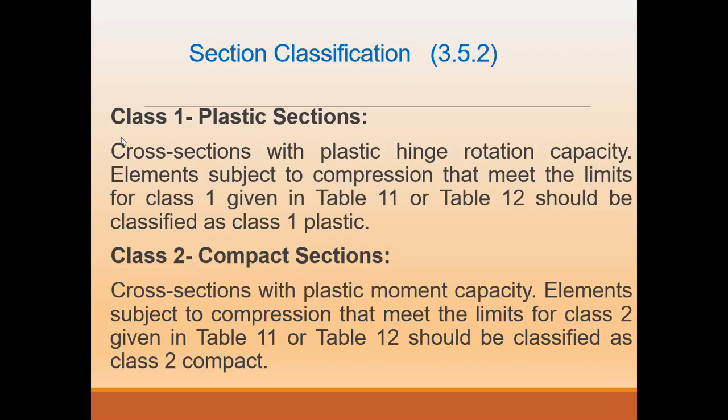So the first is called the plastic section. This is under class 1. One of the behaviors of this plastic section is that under loading, or when they are subjected to loads, they tend to develop a plastic hinge.